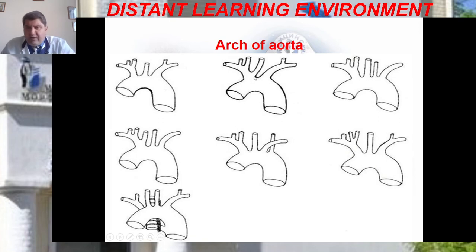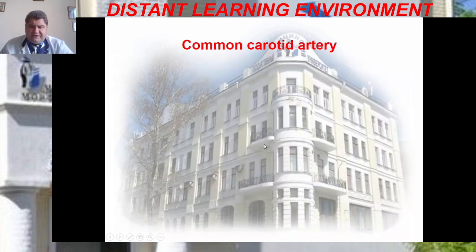It's abnormal, but these cases are usual in our life, and for detailed investigation we must check this anatomy via MRI or computed tomography. And also you may see various anatomy of arteries which start from aortic arch.